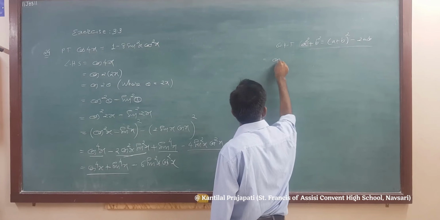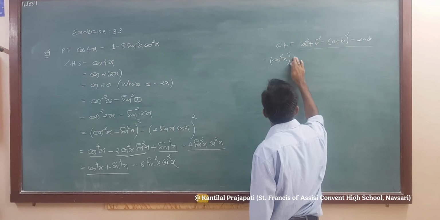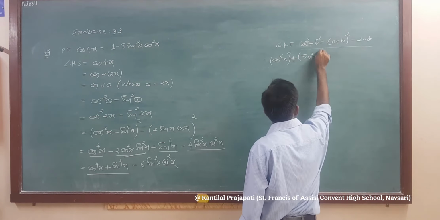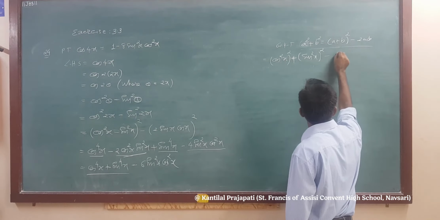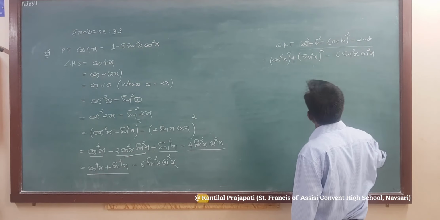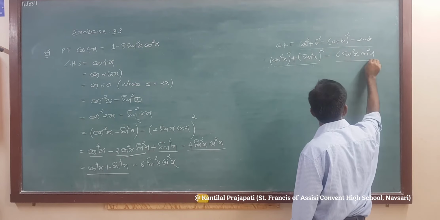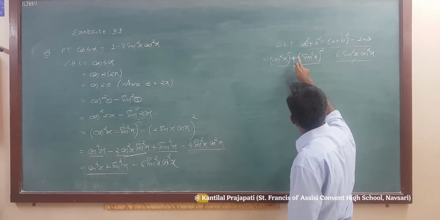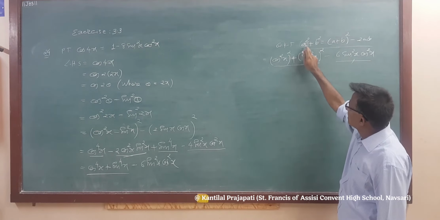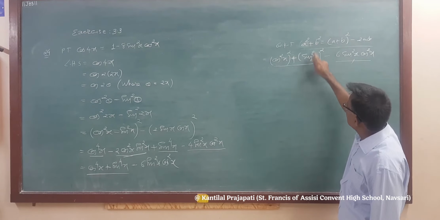So cos raised to 4x will be written as cos square x whole square plus sin square x whole square, minus 6 sin square x into cos square x. In this identity, for the first two terms only, this remains as it is. No need to touch this term. Here put a is equal to cos square x and b is equal to sin square x.